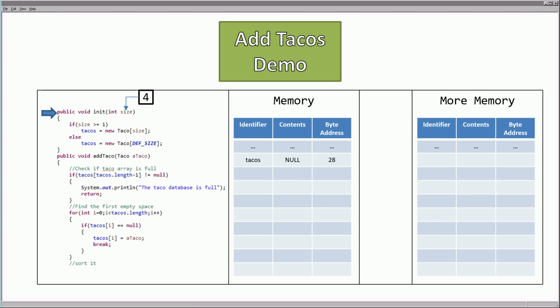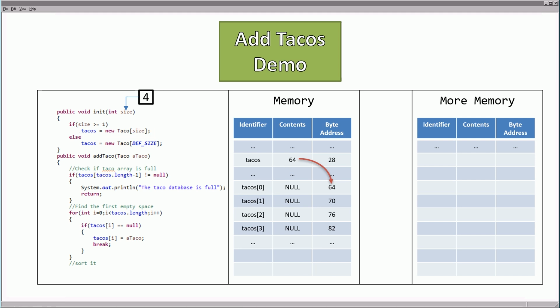Now what happens is this. 4 is greater than 1, so we construct a new instance of this taco array, where we have 4 elements and all the memory addresses are set to null. Then we assign the instance variable tacos to the memory address of this element.